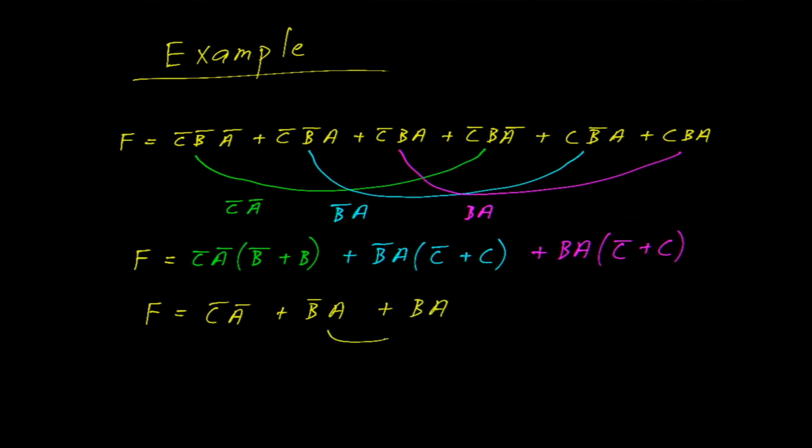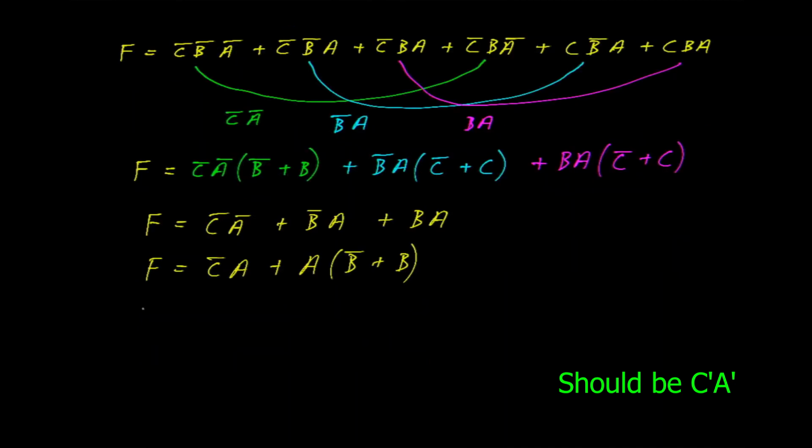Now you'll notice that there's an A in both of these terms. So that becomes f is equal to C'A' or A(B' or B), which can be rewritten as C'A' or A, or if you prefer, A or C'A'.